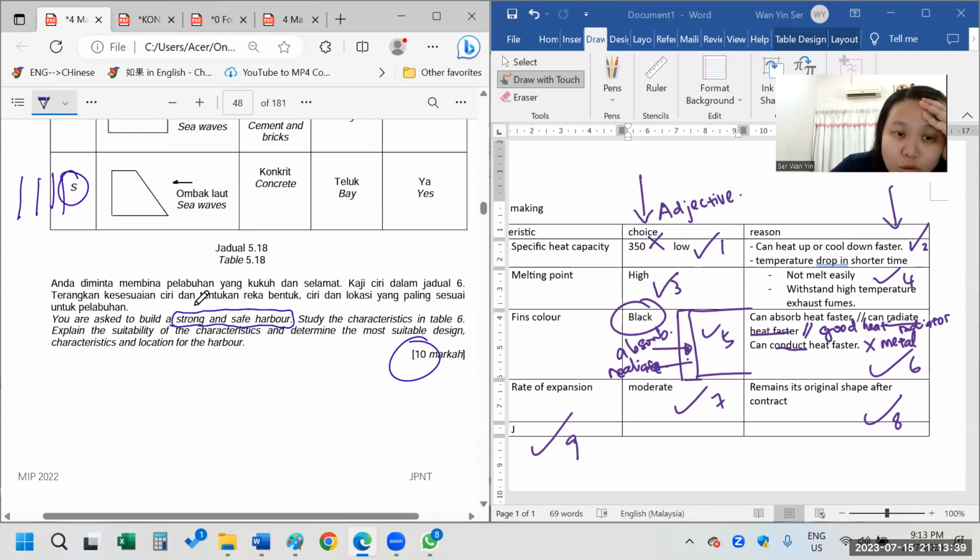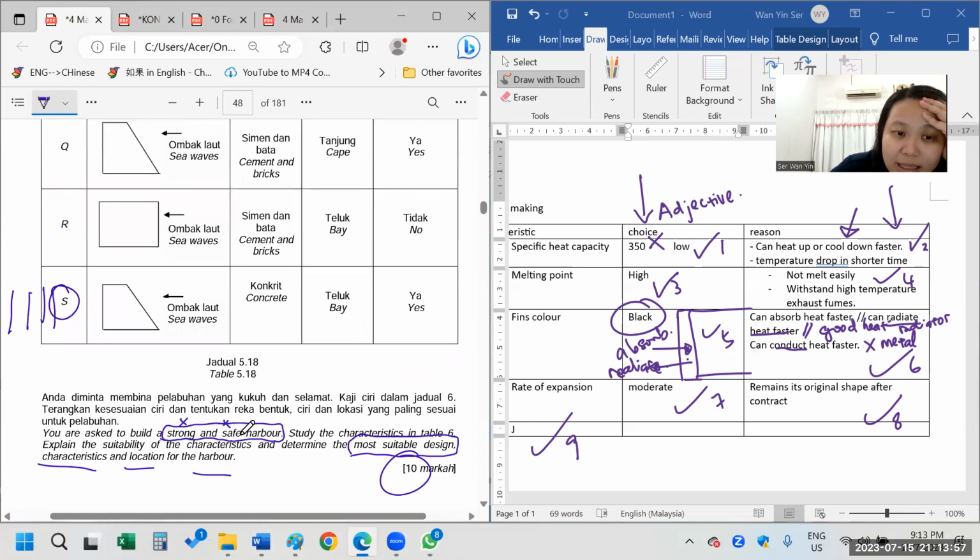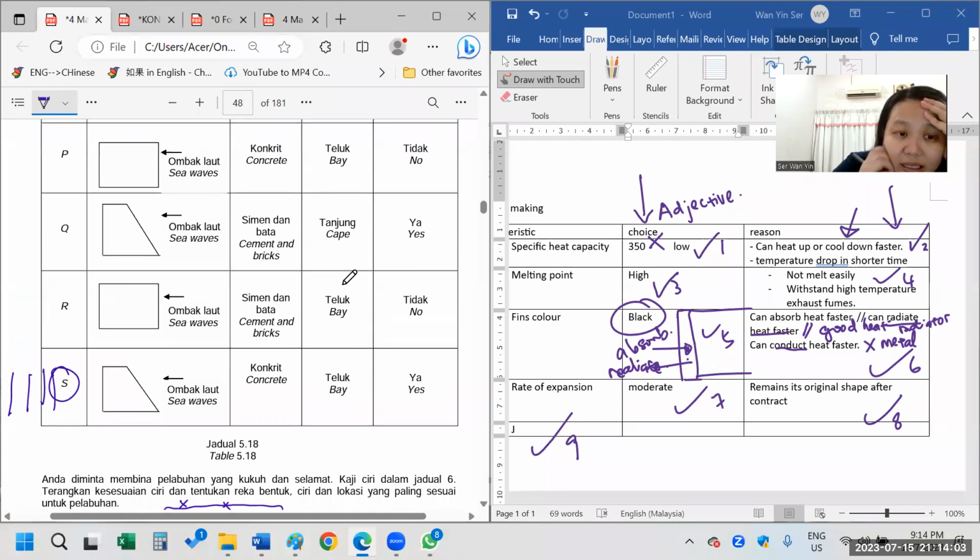Please do not use strong and safe as your reason here. Study the characteristics in table 6. Explain the suitability of those characteristics and determine the most suitable design, characteristic, and location of the harbor. So don't write strong and safe as your reason. The rest okay.